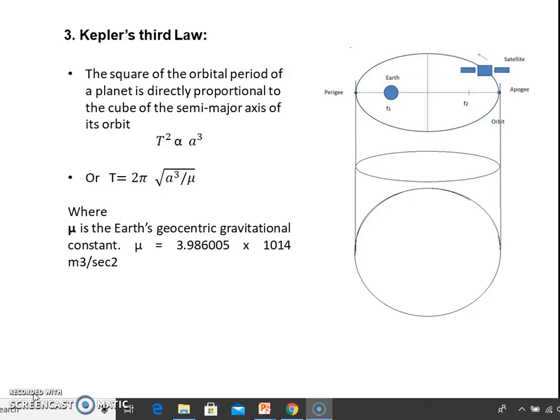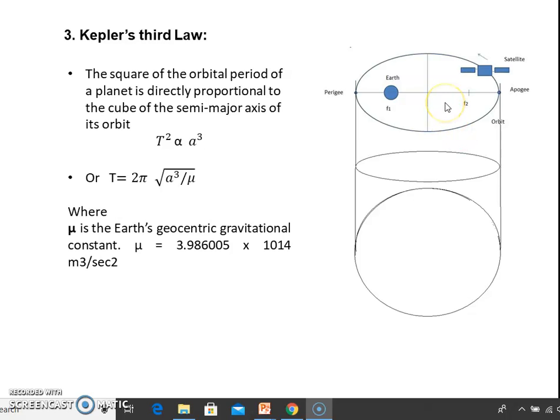So from this law of Kepler, we can conclude that the time period of a satellite is dependent only on the semi-major axis, small a, and not on the shape of the orbit.